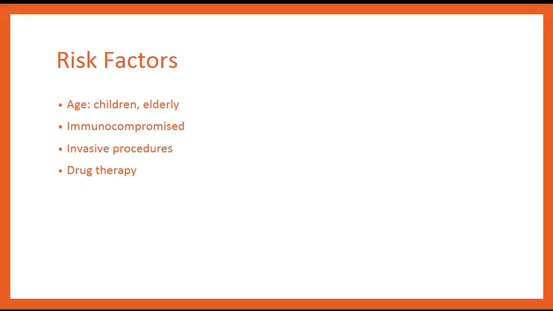Okay, risk factors. Usually the very young and the very old are the ones that get septicemia, although it can be at any age. Immunocompromised patients are usually at risk. Patients who have undergone invasive procedures like surgery or colonoscopy. And also drug therapy. If they've been on steroids or chemo, it will knock their immune system down so they're not able to fight it.